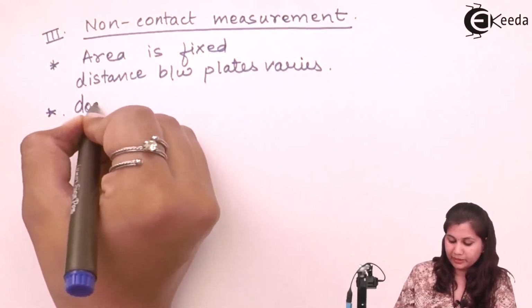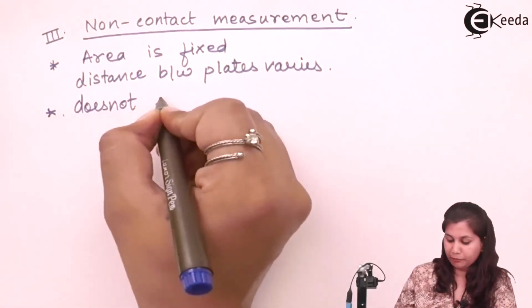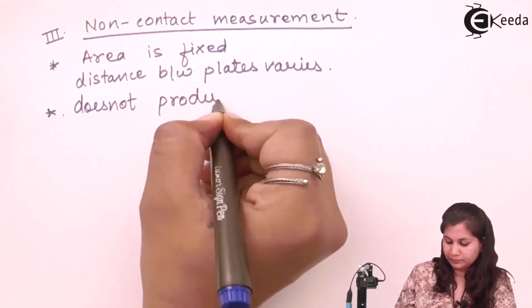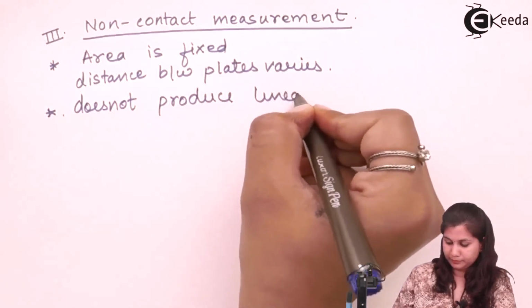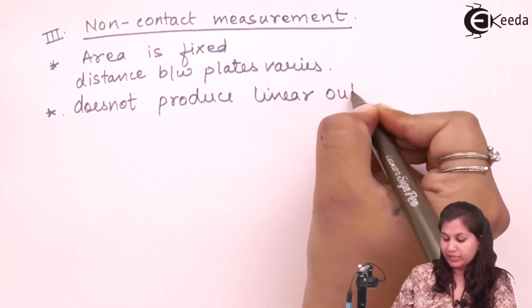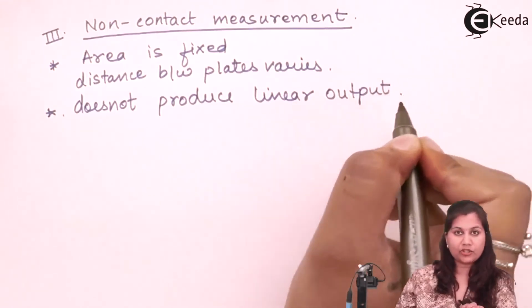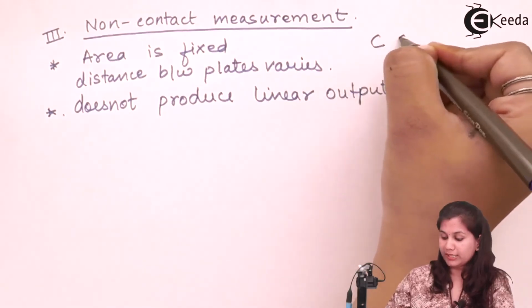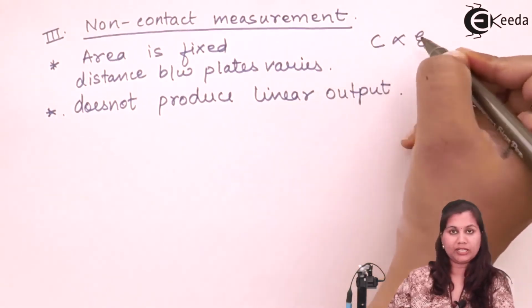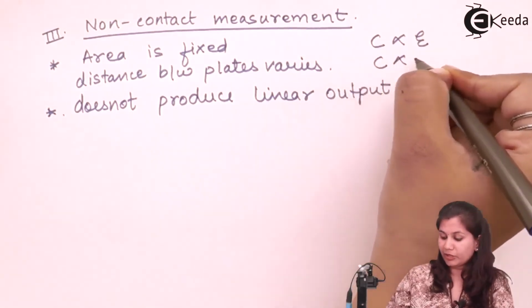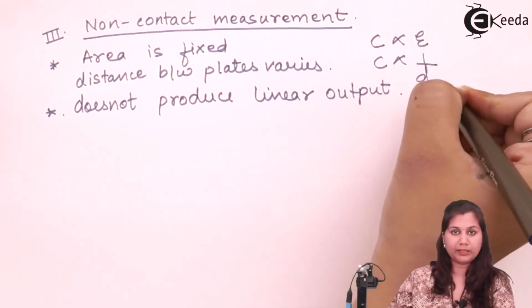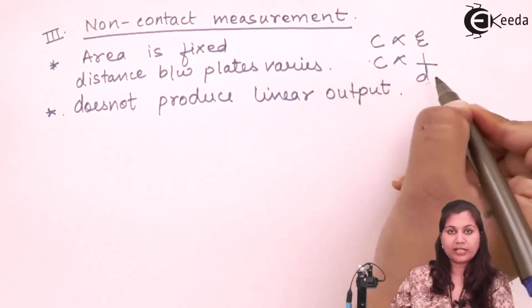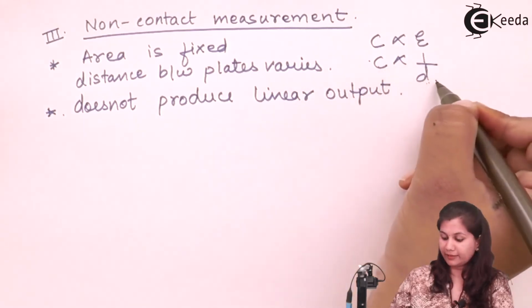Also, this method does not produce a linear output. Because you can see that not only the dielectric is changing, but also the distance between the plates varies. So C is proportional to the epsilon, that is dielectric, but C is inversely proportional to the distance between the plates. So there is an inverse relationship between the capacitance and the distance.